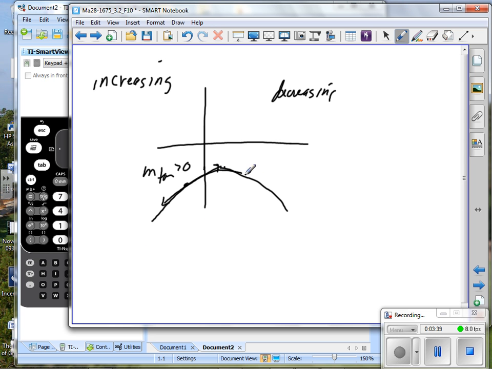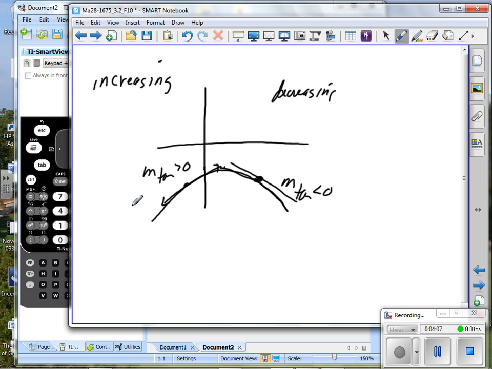If this function is decreasing, which it looks like it is, then if I take any point on that side of the curve, and I take a tangent to that point, and the slope of that tangent is negative, then the function is decreasing at that point.